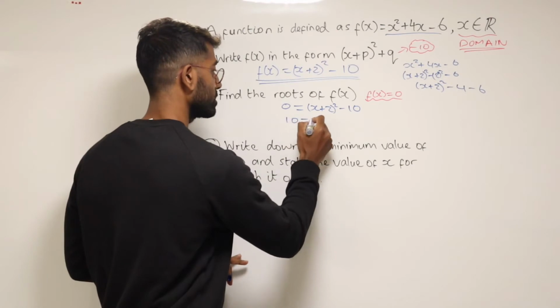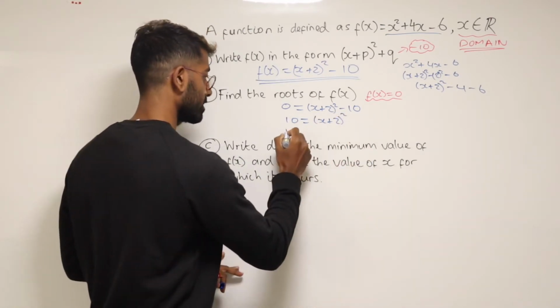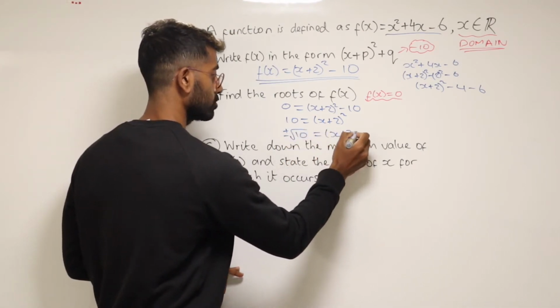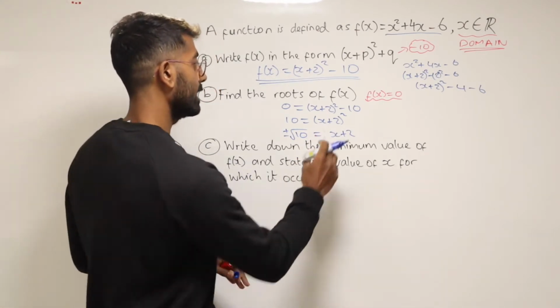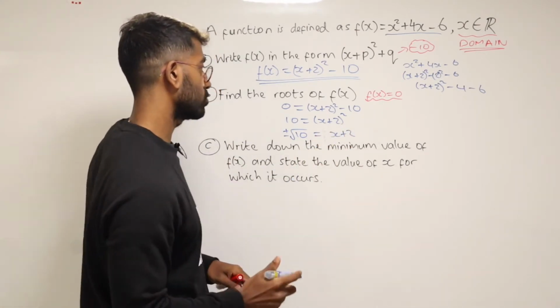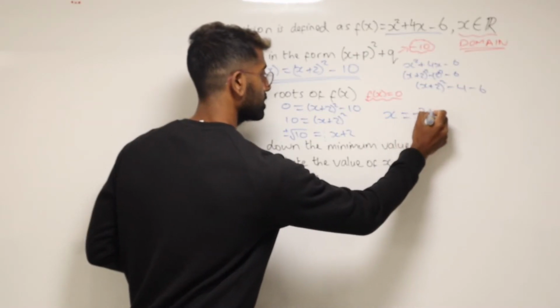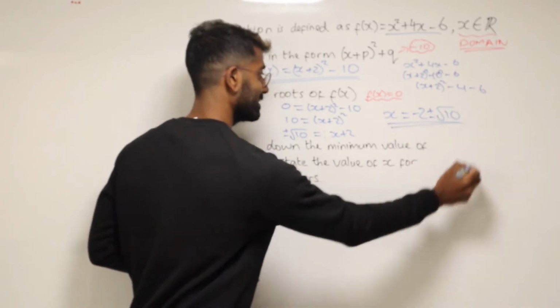So 10 is equal to x plus 2 squared. We'll square root that. So we can say plus or minus the square root of 10 is equal to x plus 2. And then we can subtract that 2 over as well. So then we'll have x is equal to minus 2 plus or minus the square root of 10.